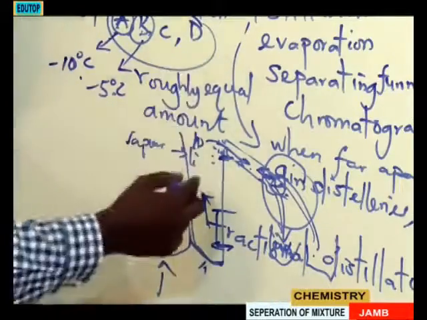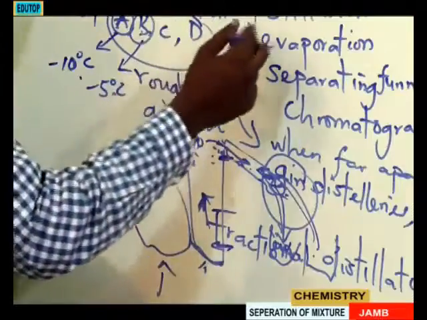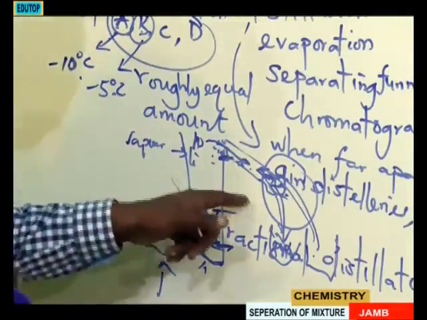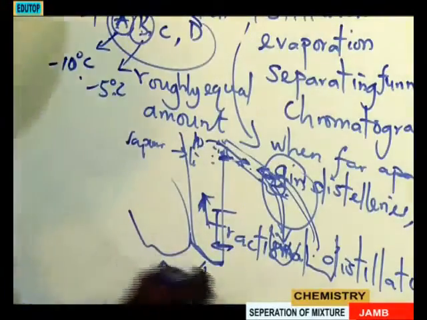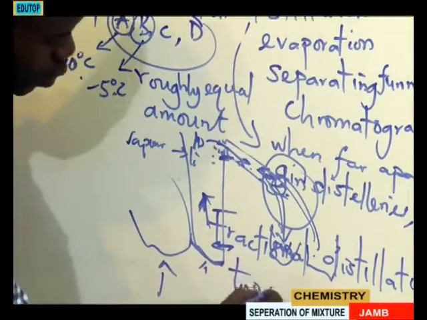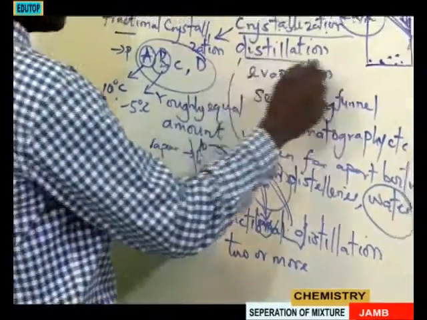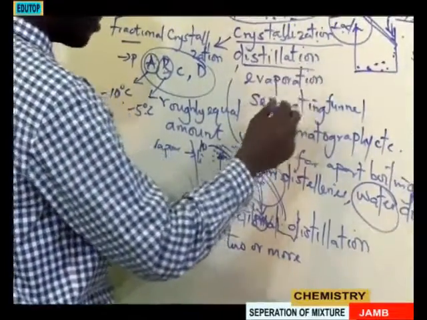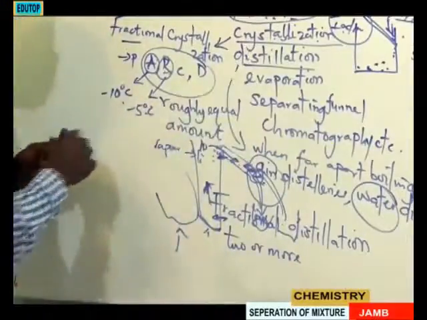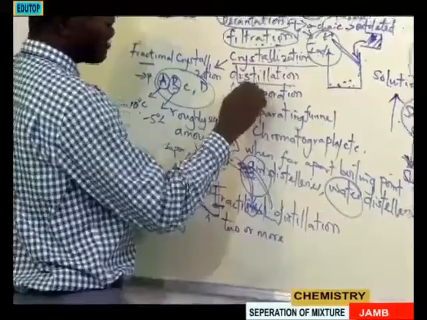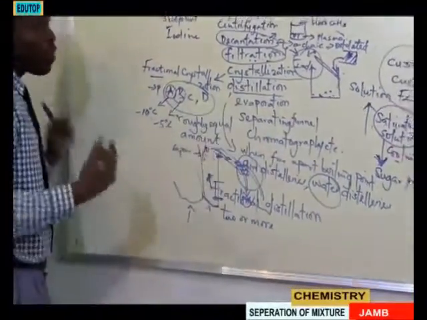So you can see the difference between distillation and fractional distillation now. Fractional distillation separates two or more components, while in the case of distillation, you can only use it to recover solvent from a solution. So when you have two or more substances, definitely distillation will fail.